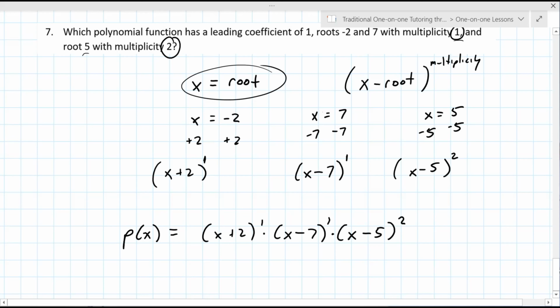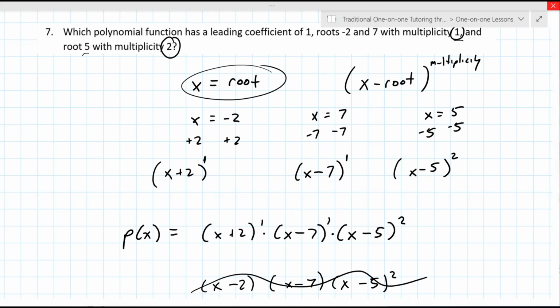The only thing is you have to be careful that you account for the negative properly. So if you do x minus a minus 2, it becomes x plus 2. You probably will see an answer that's wrong, that's like x minus 2 somewhere. So just be careful with that. This is completely wrong. I like the x equals root, but you can also do it this way on the right. That's fine as well.